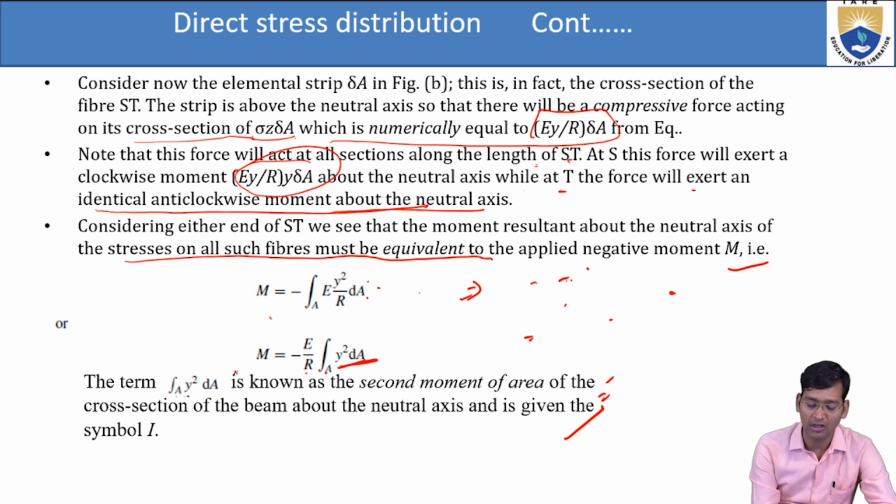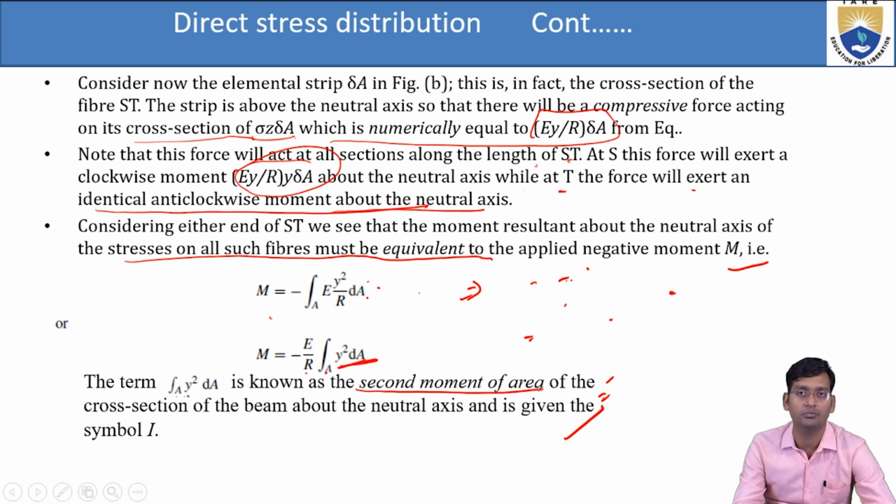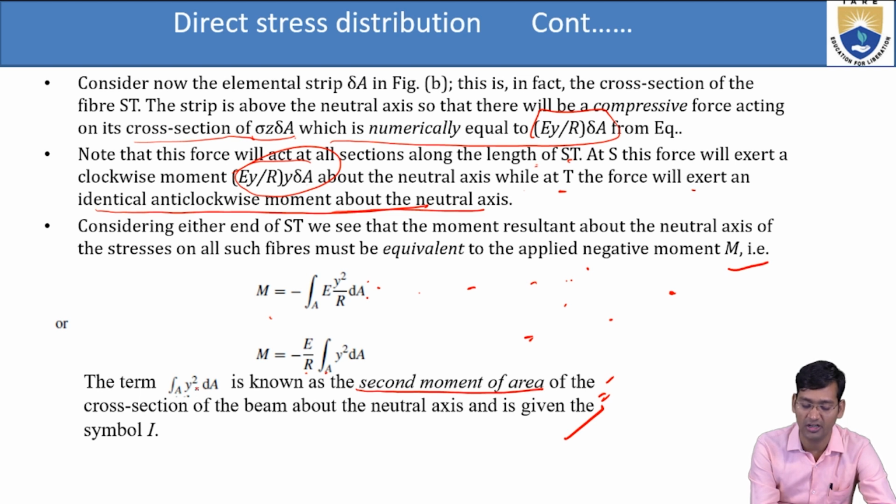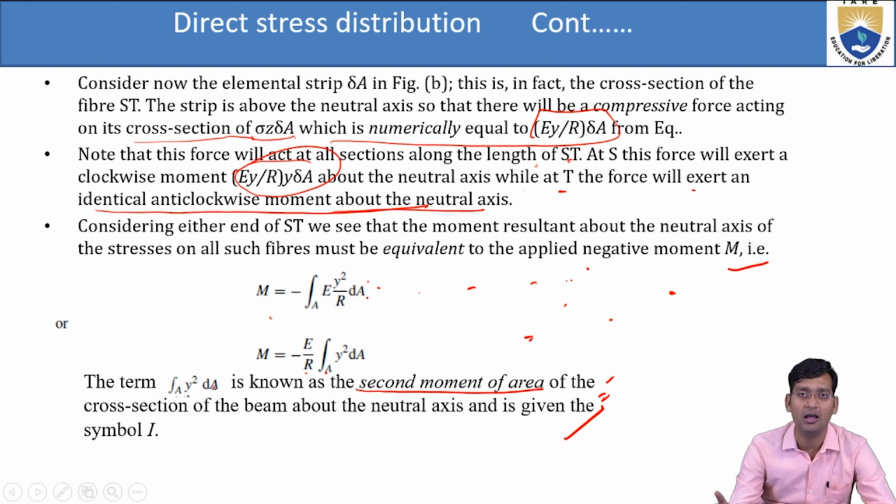The term integral of y square dA is known as the second moment of area. This is called that term what? The integral over the entire cross-sectional area of y square into dA is the second moment of area. Means area moment: whatever area is there, take the moment of that.